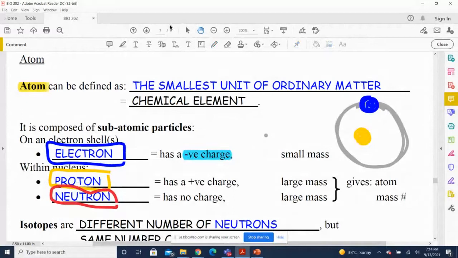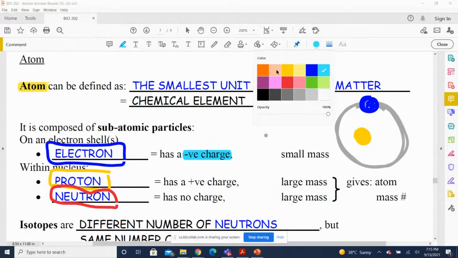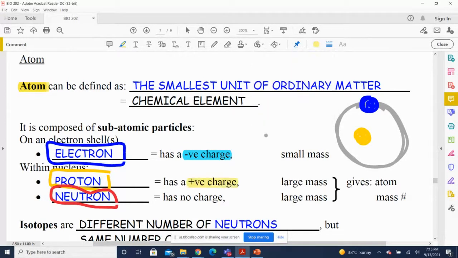Well, it comes back to this charge that different subatomic particles had. And let's have a look at the protons. They are positively charged, so they carry a charge that's opposite to what the electron had. And then neutrons, instead, had no charge whatsoever, so they're neutral, as the name would suggest.